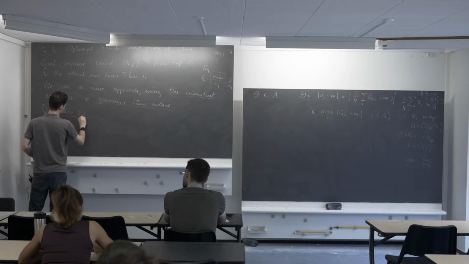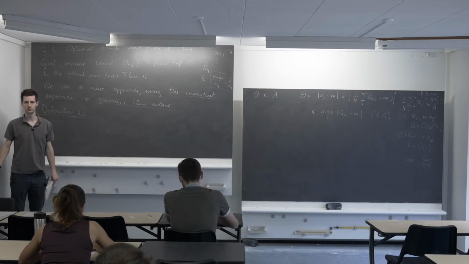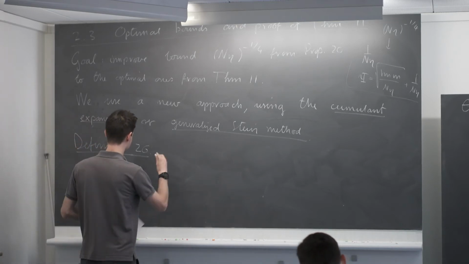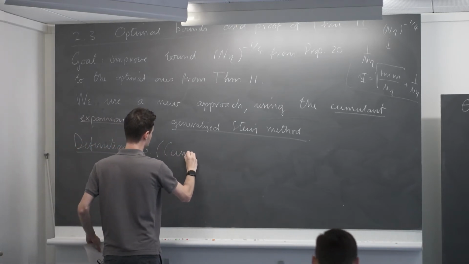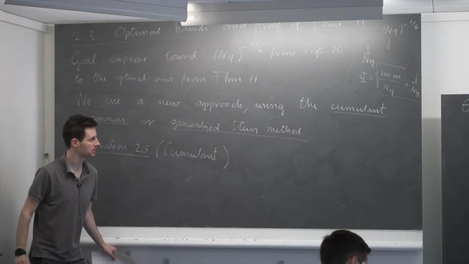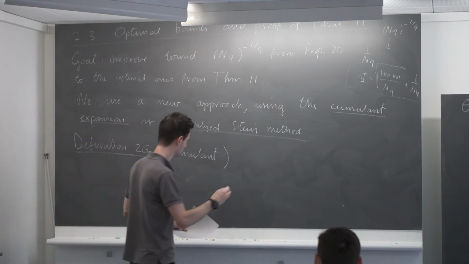Well, as its name implies, it relies on cumulants. Does anyone know what a cumulant is? Has anyone seen a cumulant? No cumulants. Okay, kind of. Well, let me define what a cumulant is. A cumulant is a very important object in probability theory and statistical physics.